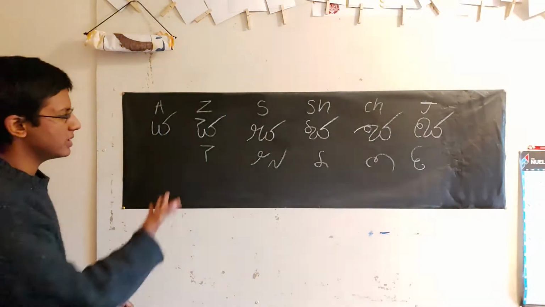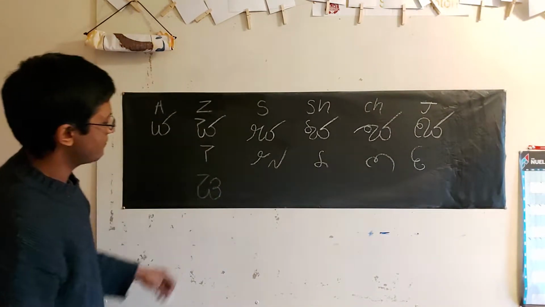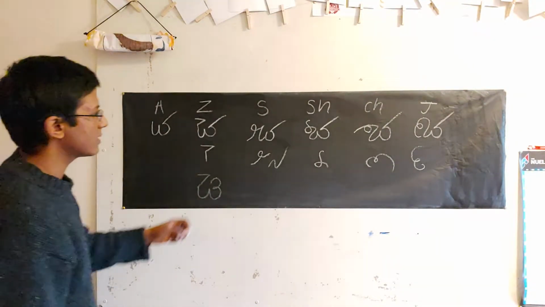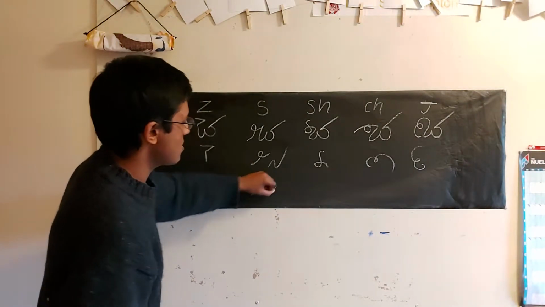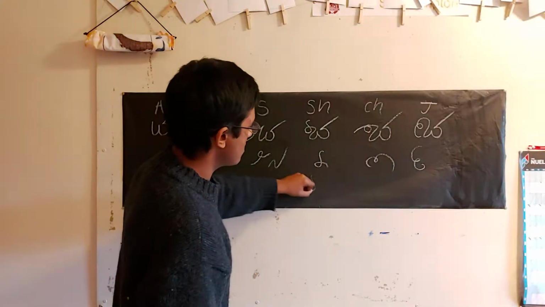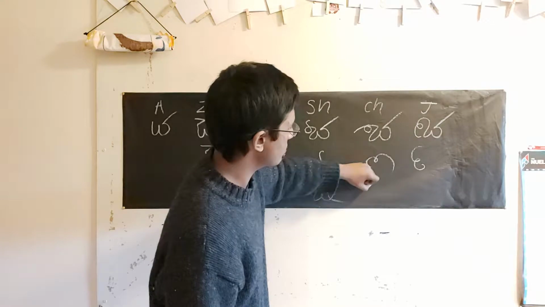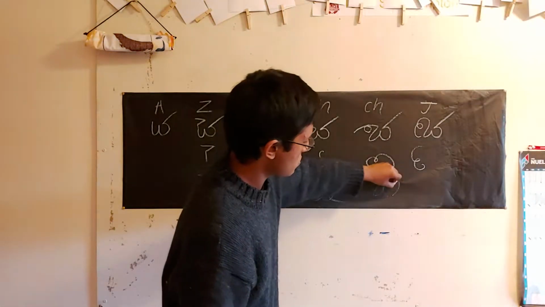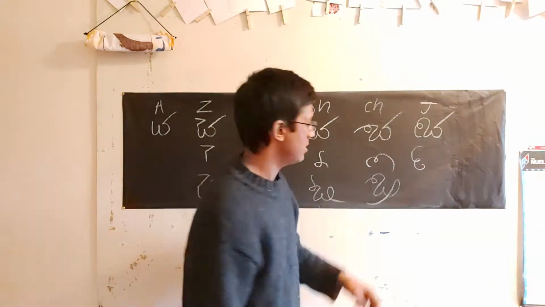So let's try this with another vowel. We can write Z, Se, She, Chu, and let's write Jai.